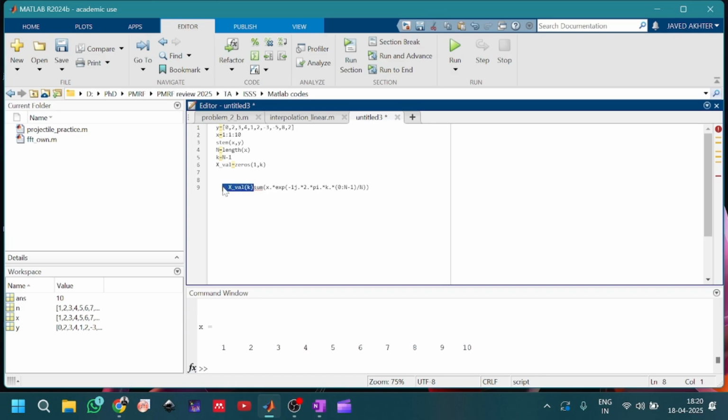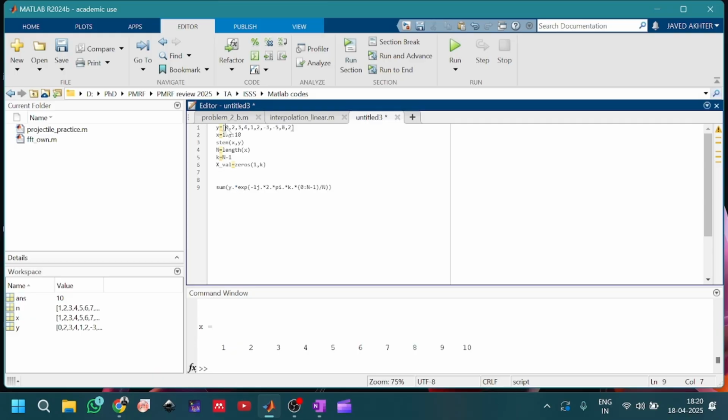Okay, let me think straight clearly. So this is our x array, which is I mean y array, which is our the values that we are getting. So this is element wise operation.